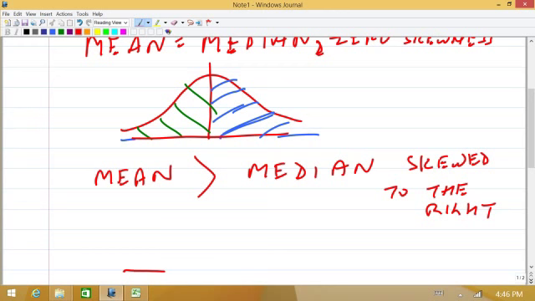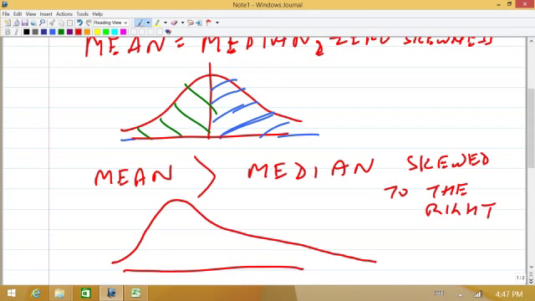You can draw the graph here, skewed to the right.